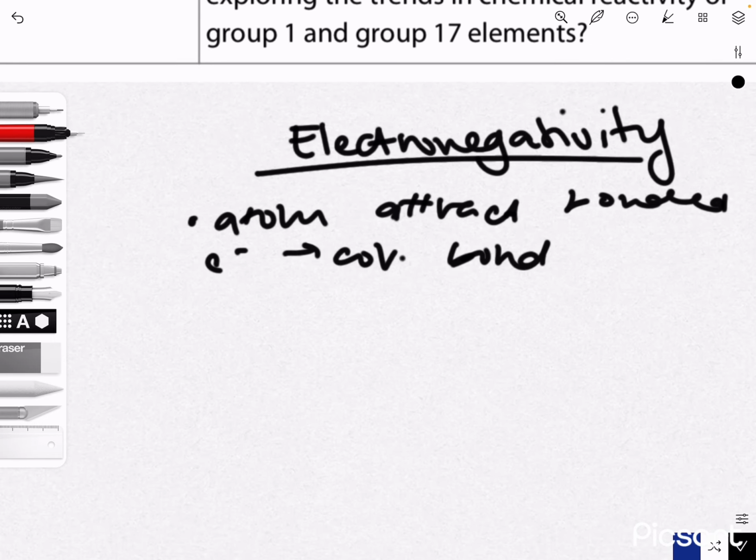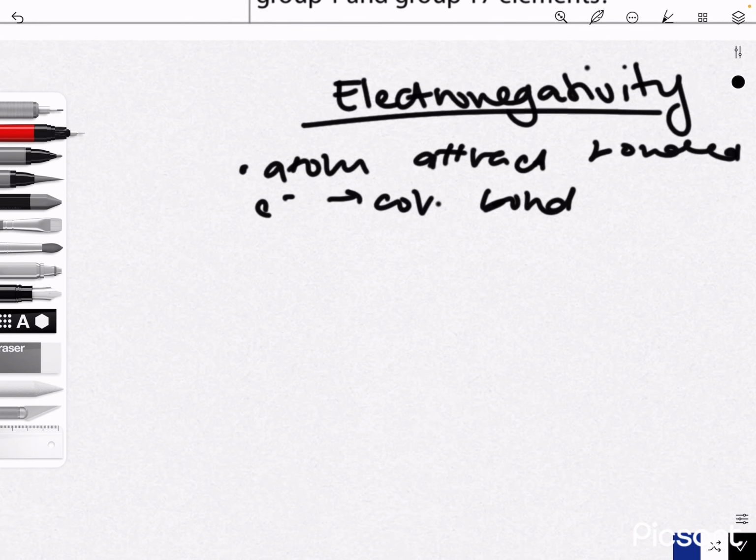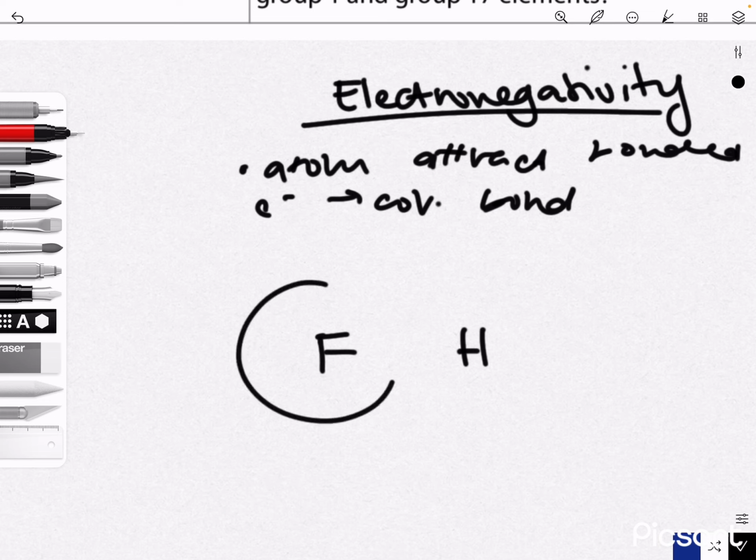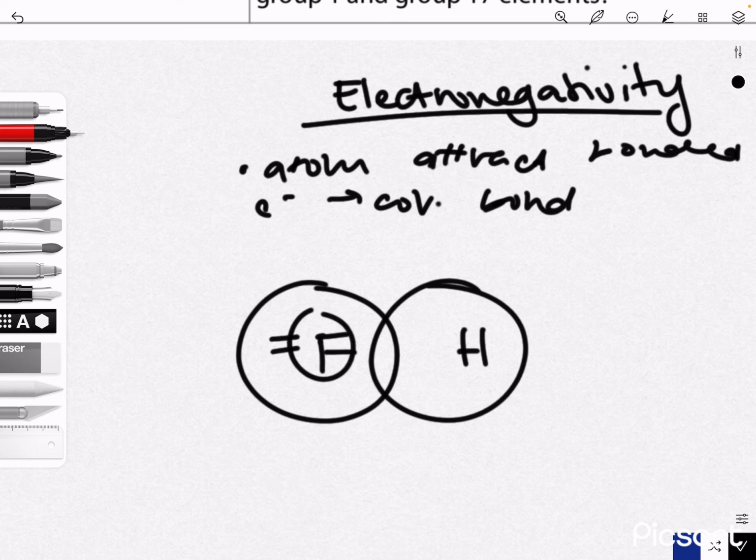If you were to draw this out, let's say we'll have fluorine and hydrogen. Let's draw this out. So fluorine, you'll have this pair of electrons here, which is going to be pulled closer to fluorine, as this is the element which is the most electronegative.